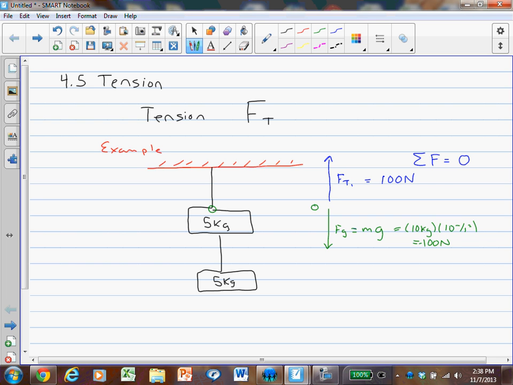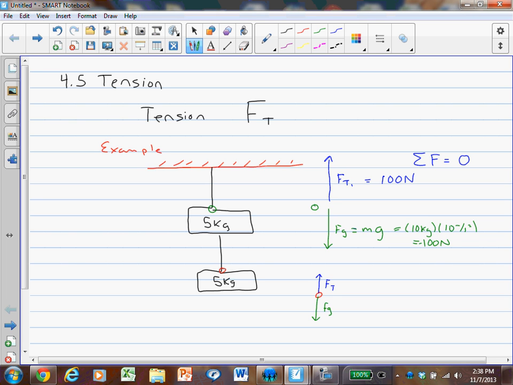Let's take a point in this rope right here. Well, I just moved it down a little bit, but that's the same. In that case, Fg is going to be a bit smaller, and the tension is going to be a bit smaller as well, going up like that.